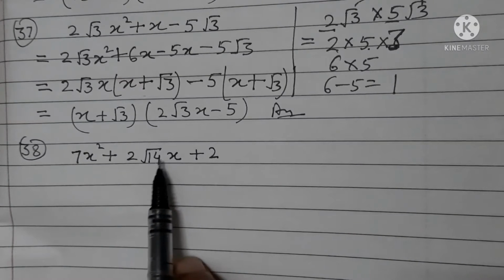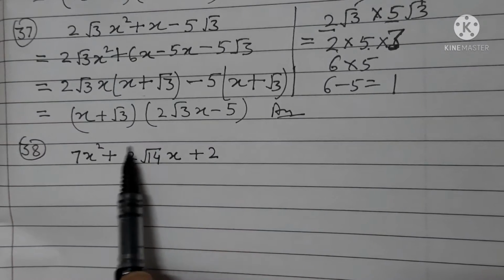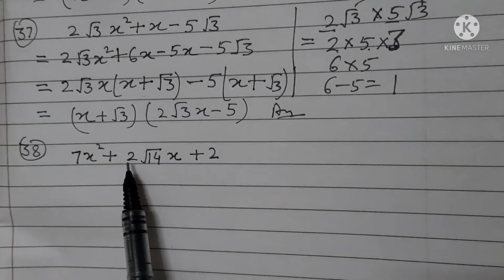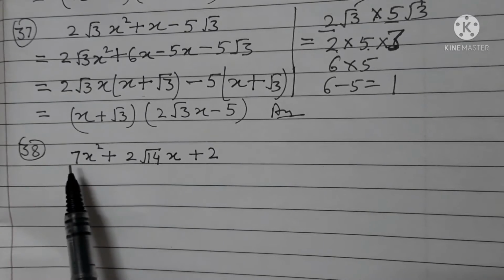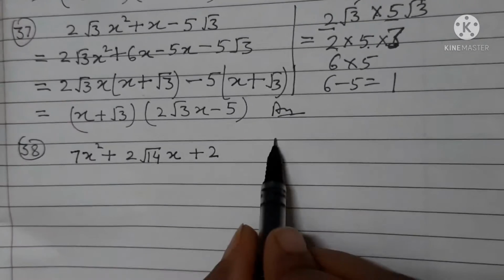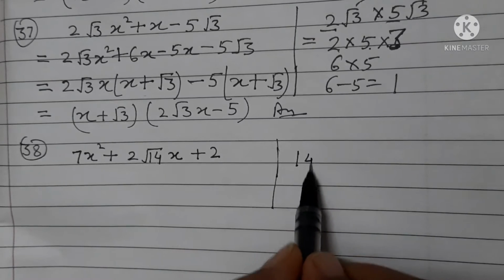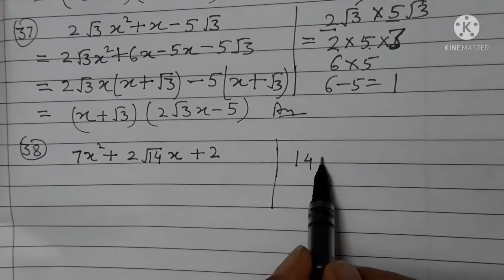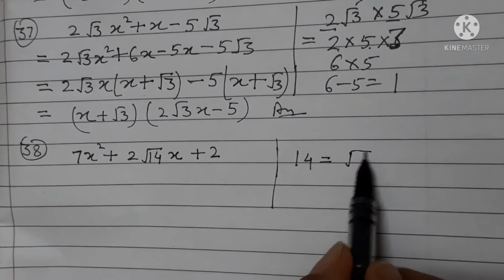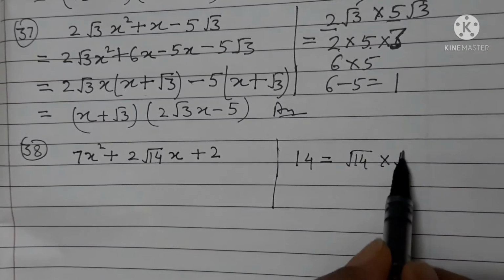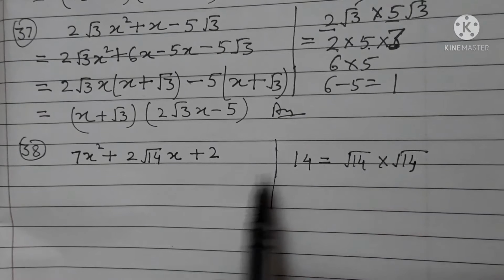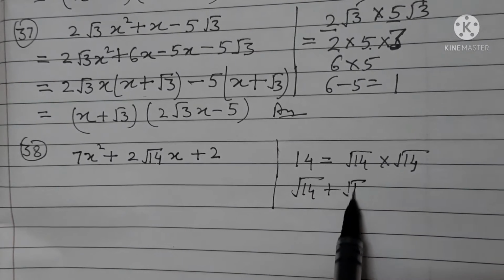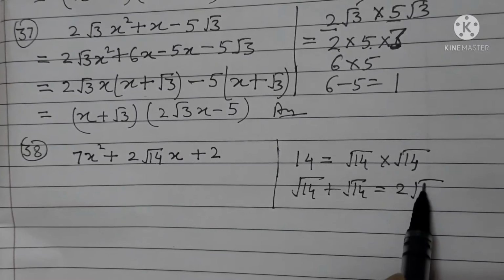7x square plus 2 root 14x plus 2. So split the middle term 2 root 14 into 2 parts. So the sum will be 2 root 14 and the product will be 7 into 2. So you can write 14, 7 into 2, 14, and 14 you can break as under root 14 into under root 14, and under root 14 plus under root 14, 2 root 14.